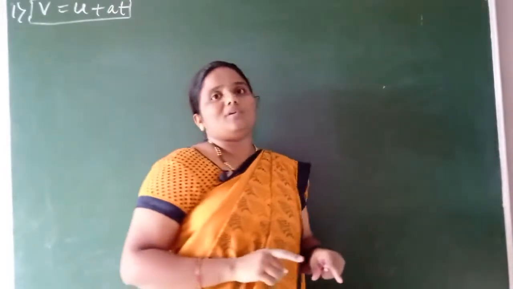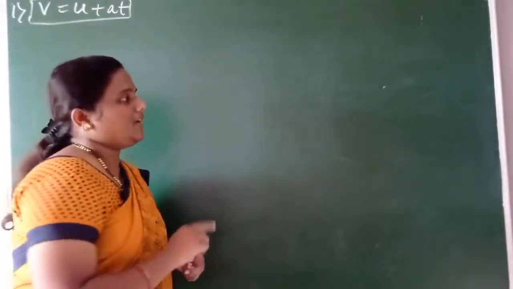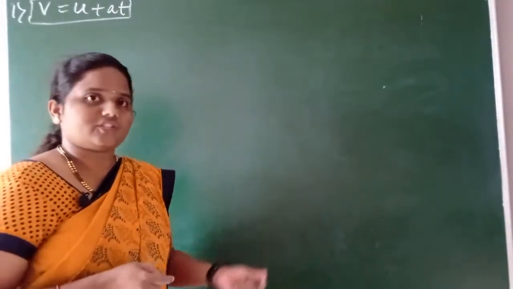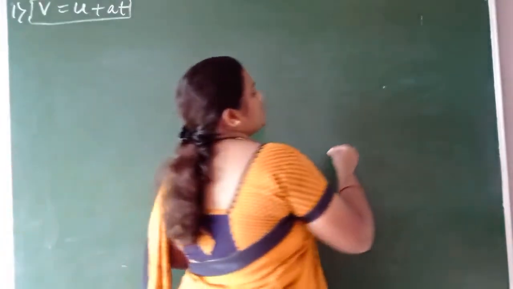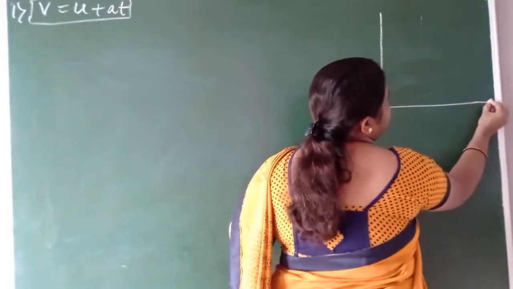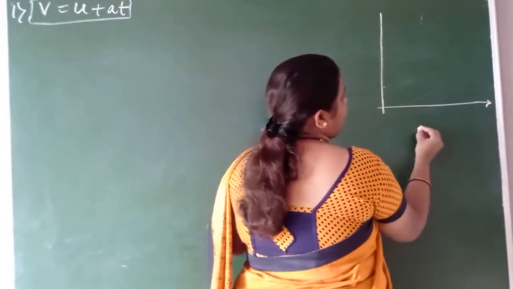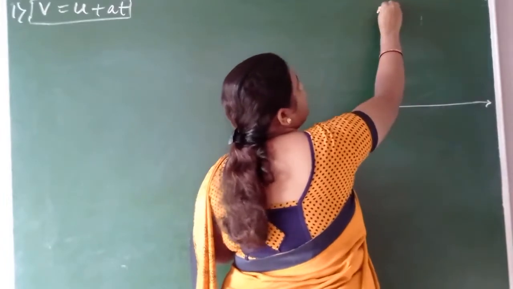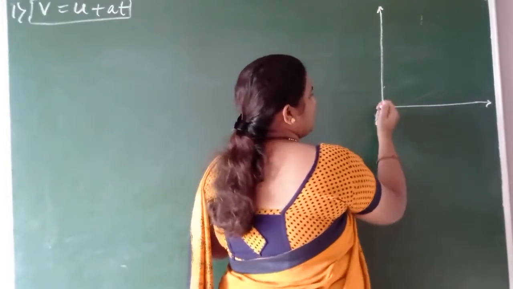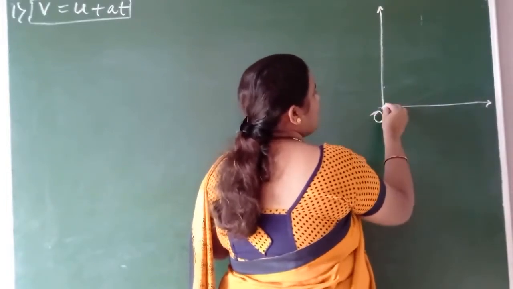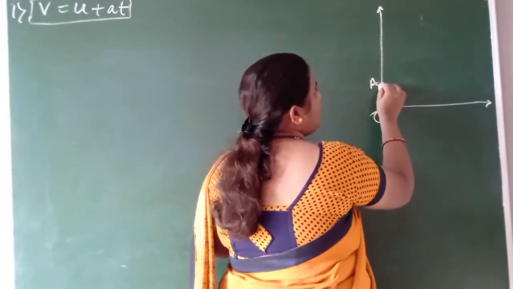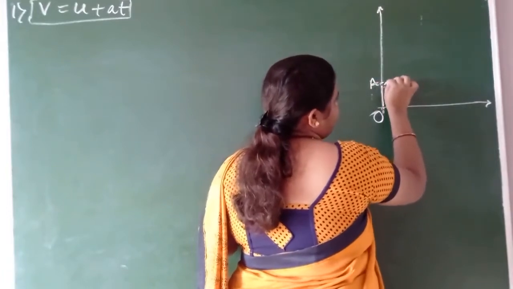Children, always remember, while drawing the graphs we need to take time along the x-axis and distance or velocity along the y-axis. So if this is our y-axis and this is the x-axis, on the x-axis we have to take time, and on the y-axis velocity. An object is moving from a point, let us take this point as O. It moves up to here, that is its initial velocity u is this much.